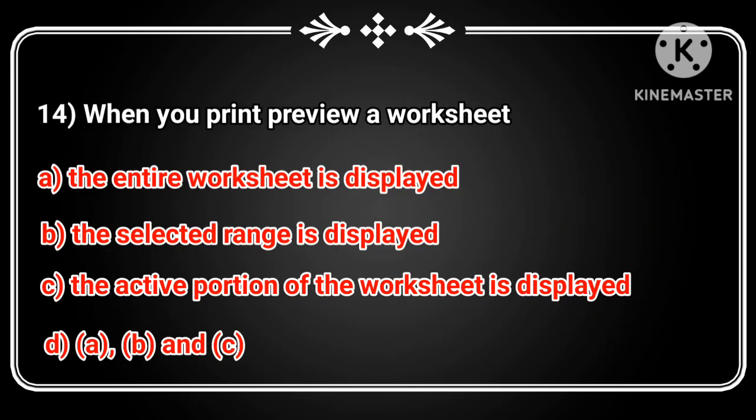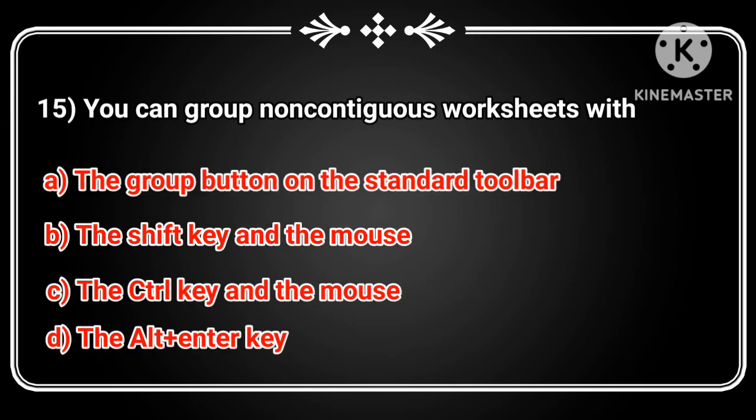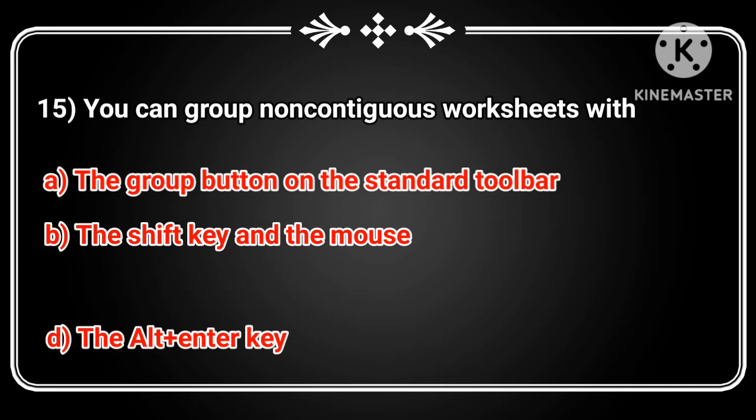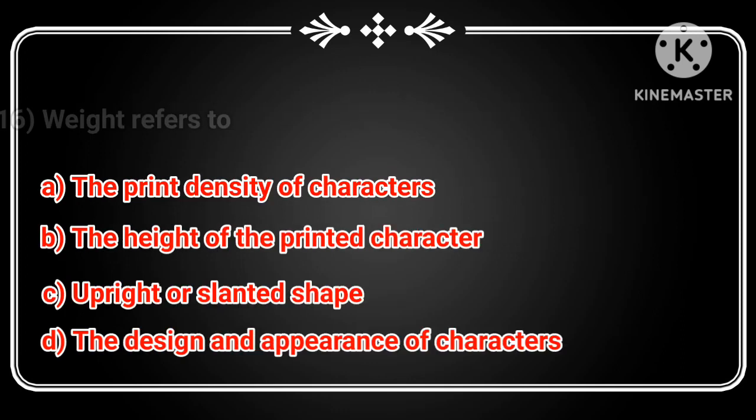When you print preview a worksheet, option A, option B and option C is the correct answer. You can group non-contiguous worksheets with the CTRL key and the mouse.